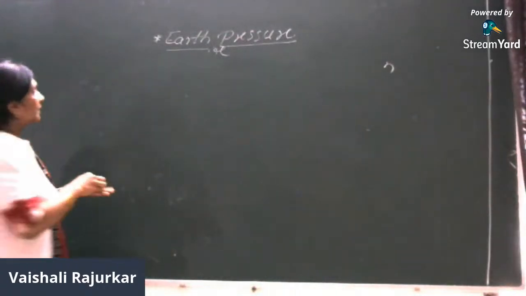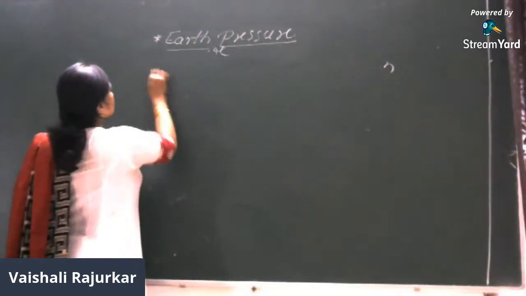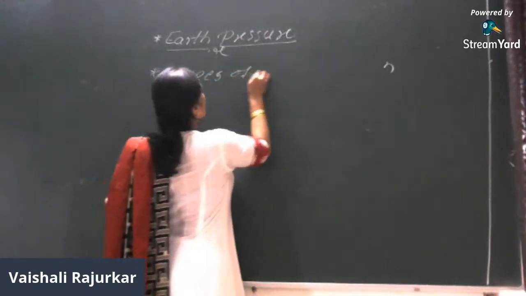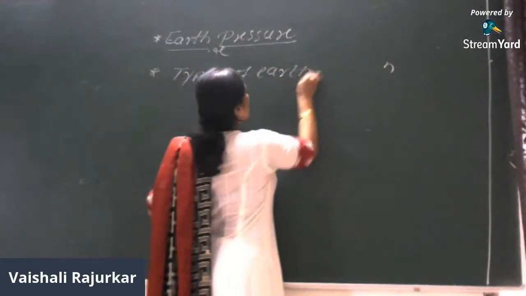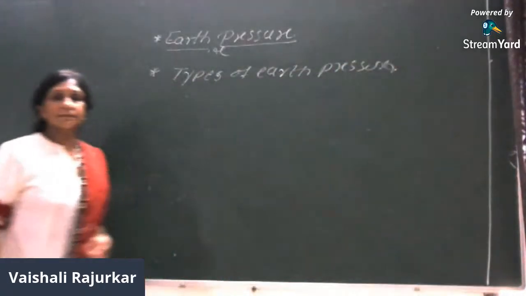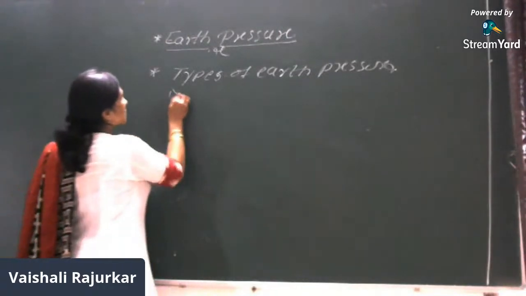Types of earth pressure. There are three types of earth pressure which we are taking into consideration. First is at rest pressure.